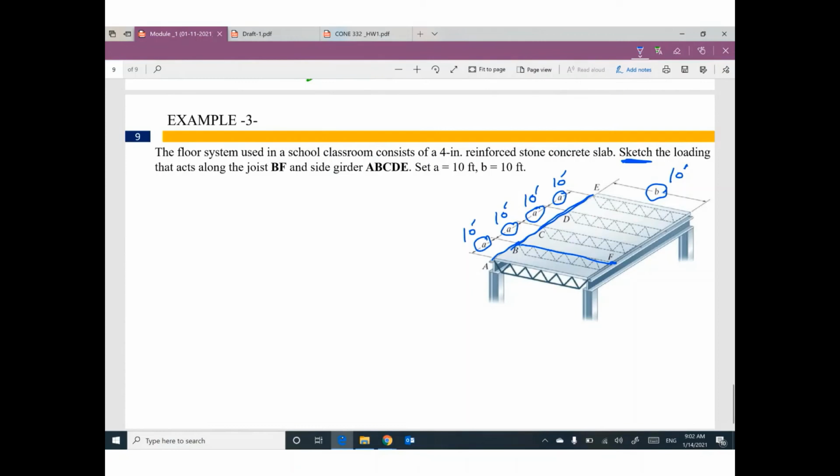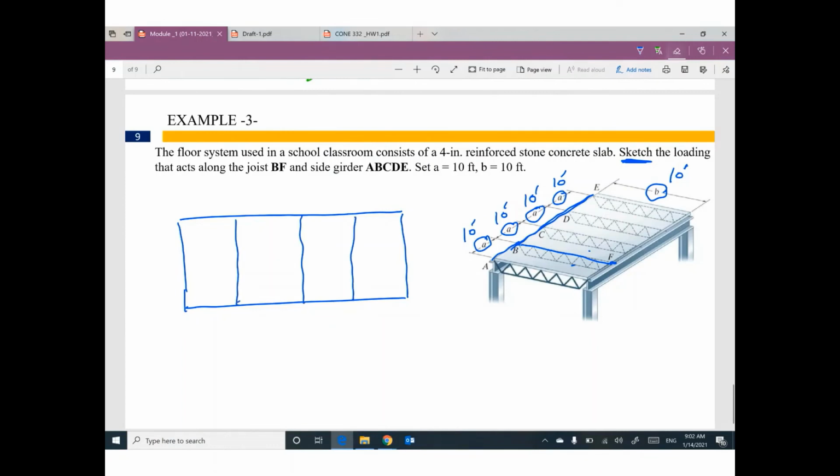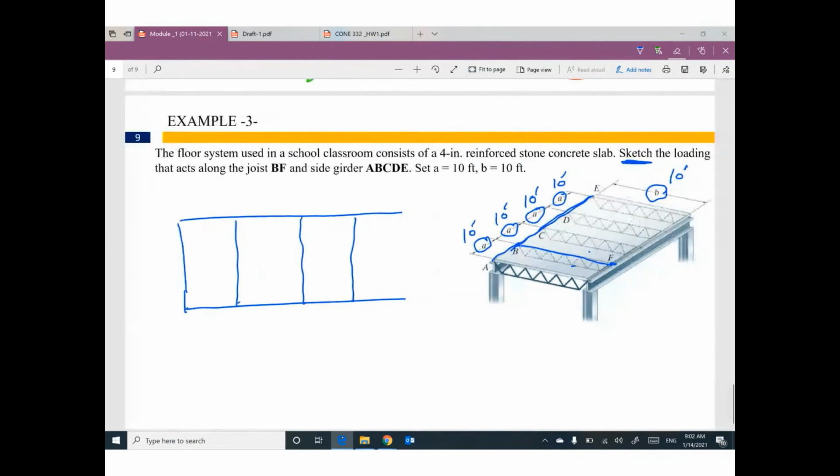So if you would like to draw a plane like this, we will have something like this, 1, 2, 3, 4. I believe to be more realistic, like this.